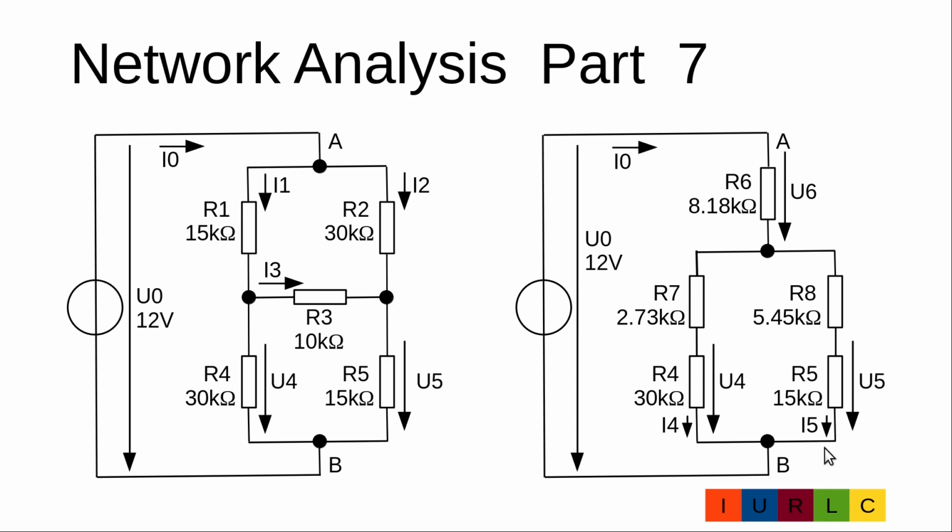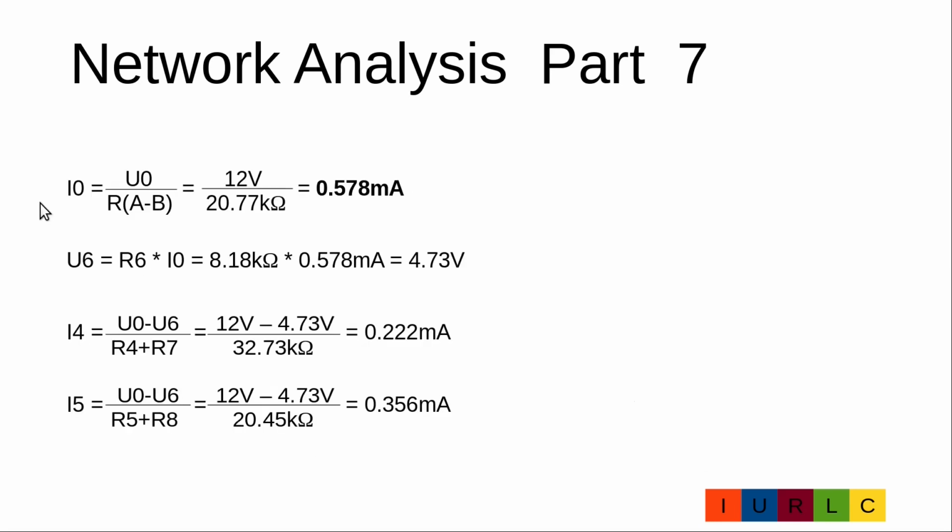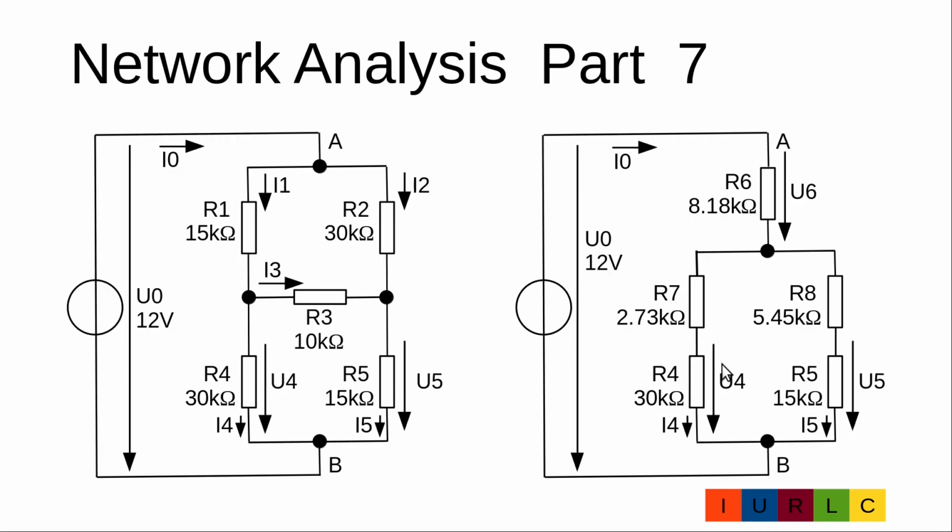The current I5 is the voltage U0 minus U6, divided by R5 and R8. With concrete numbers we get I0 is 0.578 milliamp, U6 is 4.73 volt, I4 is 0.222 milliamp, I5 is 0.356 milliamp.